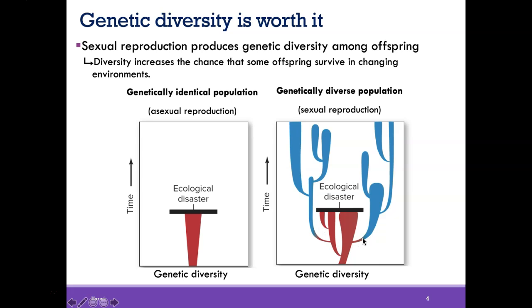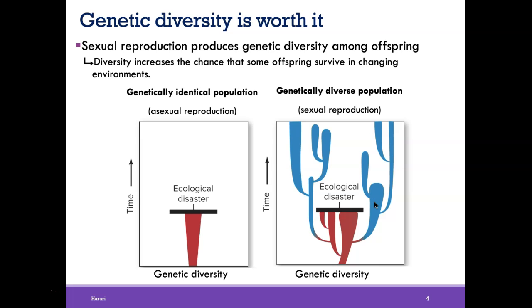Because there is genetic diversity, you have some likelihood that some offspring from these original parents will survive because they have different combinations of advantages. They have different adaptations. So this is why diversity increases the chance that some offspring will survive when the environment changes. And again, environments always change.